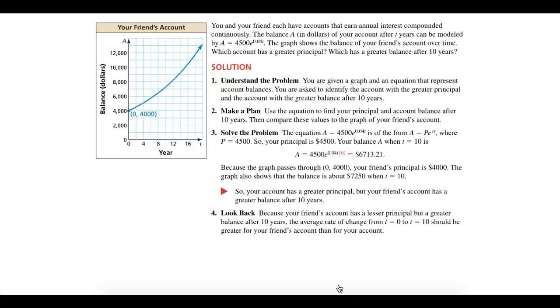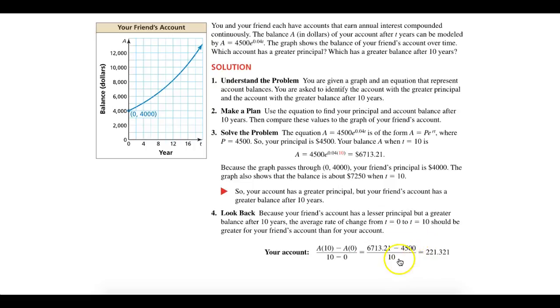Now let's look at the rate of change between their account and ours. Because we started with more money, you'd think we'd end up with a higher balance, but we didn't. So their average rate of change should be higher than ours. Let's check. Our value at 10 years was 6,713.